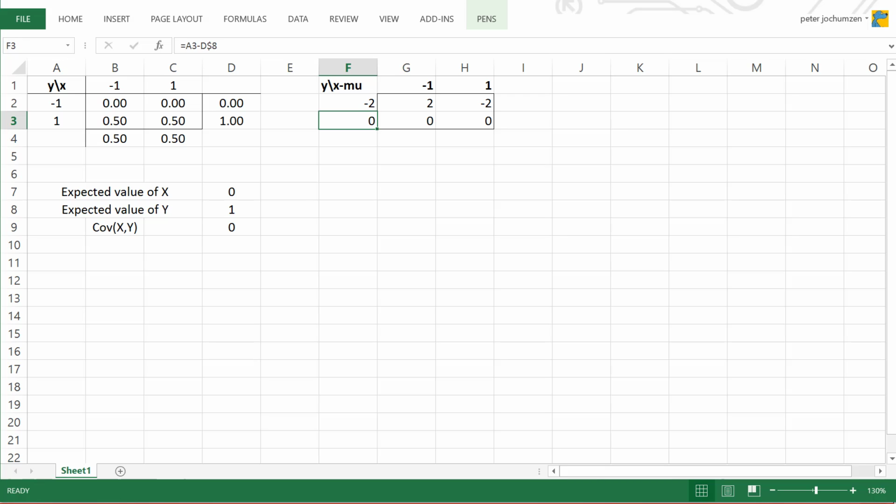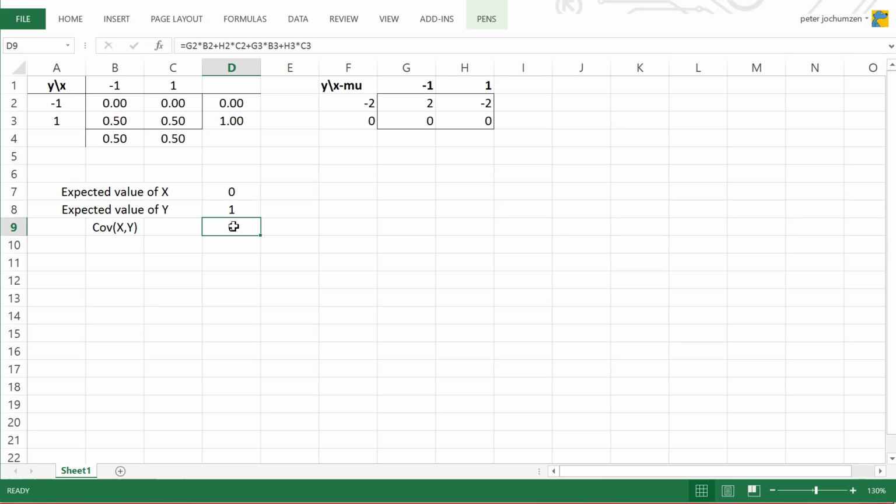And the fact that you get a 0 here, when you multiply that with the deviations from the expected value for x, you will get 0 in these two cells. And then when you now calculate the covariance, you're supposed to take the weighted average of these four cells. You're supposed to have weight 0 on these two, weight 50% on these two, and you see that the covariance comes out to be 0. And that's an important result. When you take the covariance between a random variable and something that's constant, it must be 0.